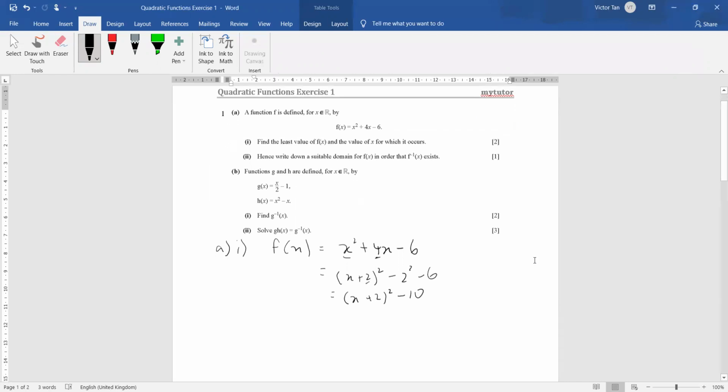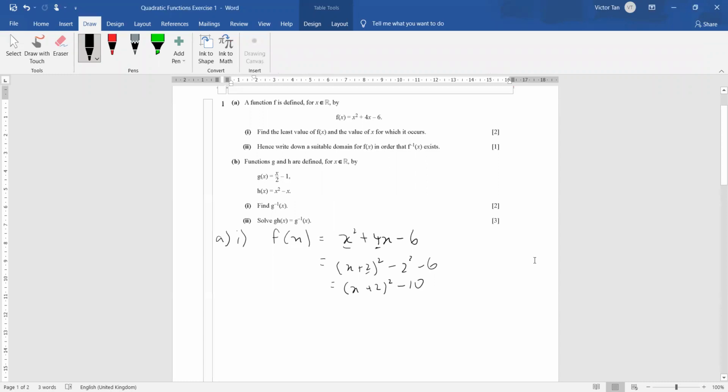Okay, so once you have completed the square, this value is plus 2, so you take minus 2. This is the value of x when the least value occurs, and the least value is minus 10 when x is minus 2.